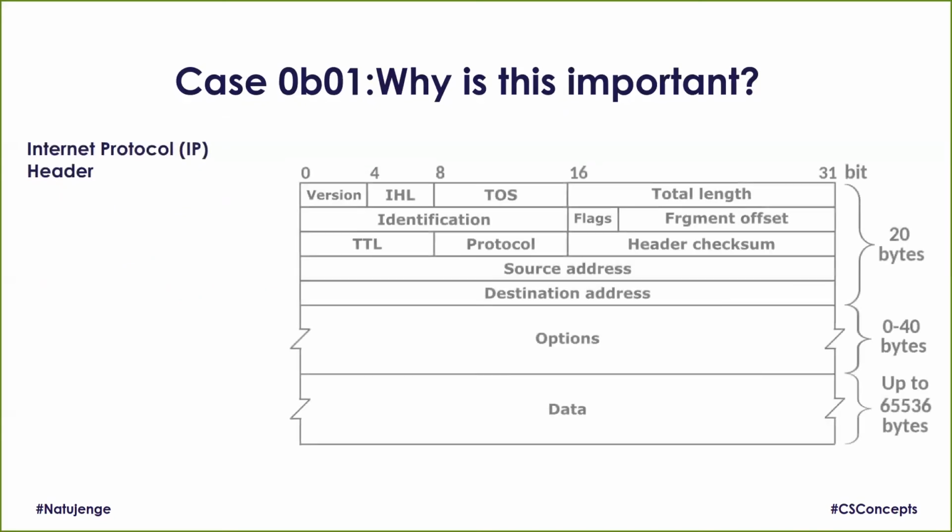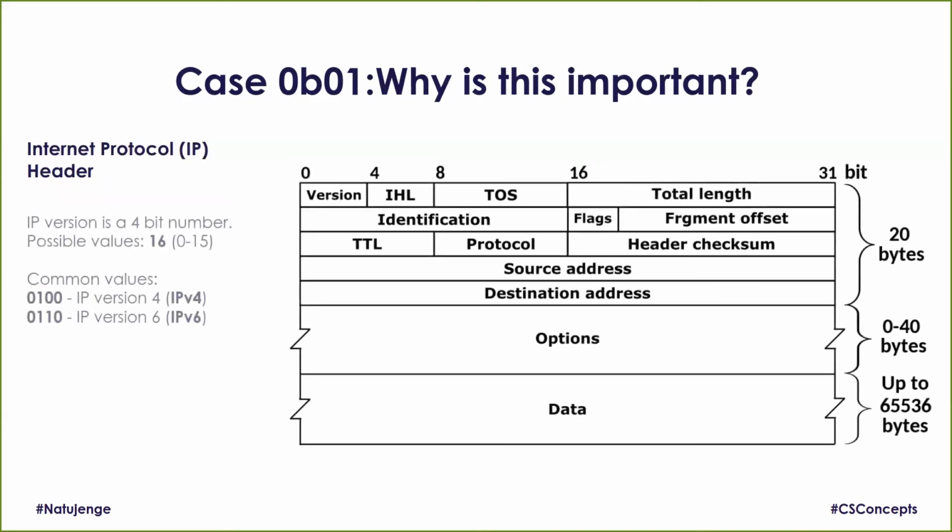Again, let's look at the Internet protocol. We will look at the version, which is a 4-bit number. If you look at the diagram, the common possible values are 0, 1, 0, 0, which by now you should know is a 4, and 0, 1, 1, 0, which is a 6. And if those values are set, then it means IP version 4 and IP version 6, respectively.